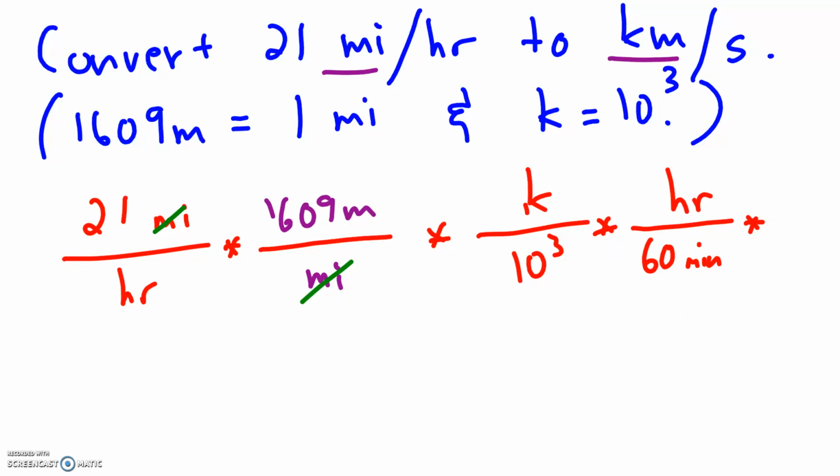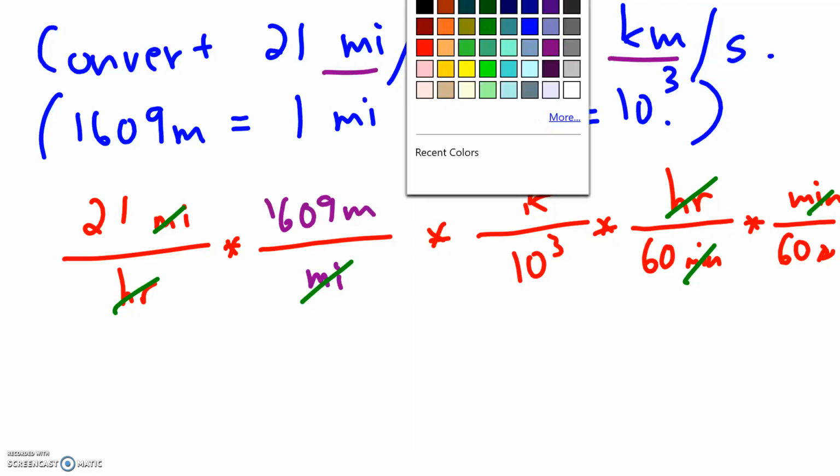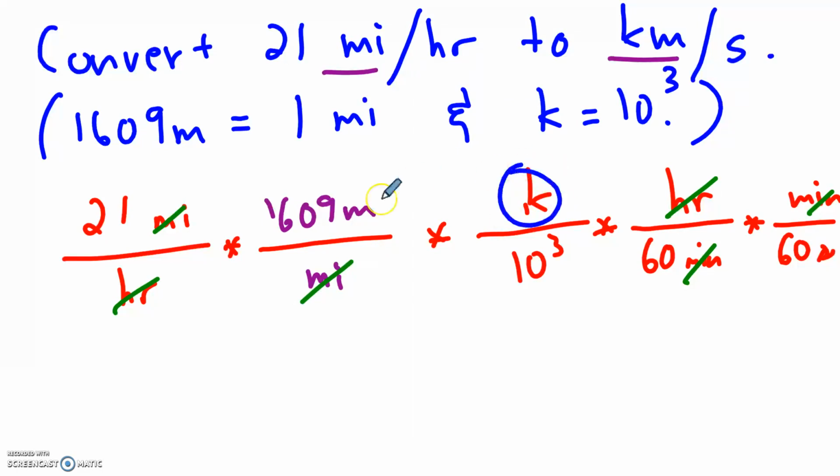Next, I've gotten rid of the hours, but I have to get rid of the minutes. So I'm going to put minutes in the numerator and 60 seconds in the denominator. My minutes will cancel, and now I am left with kilometers per second.